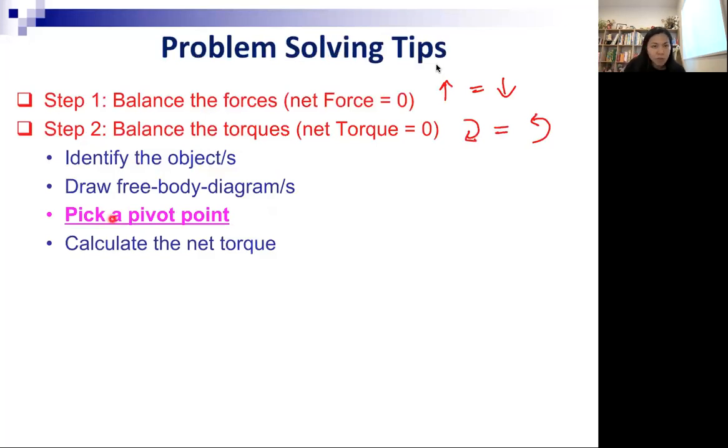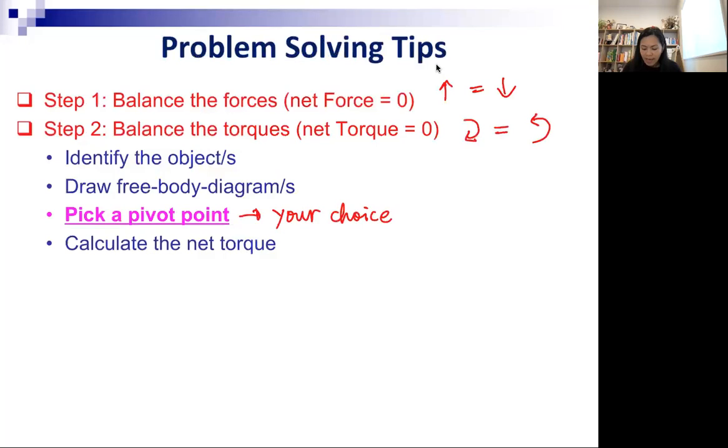And then pick a pivot point. That's the point about which the object can rotate, and the pivot point can vary. This is a personal choice. I will teach you how to choose the pivot point wisely, but choosing the pivot point is arbitrary.